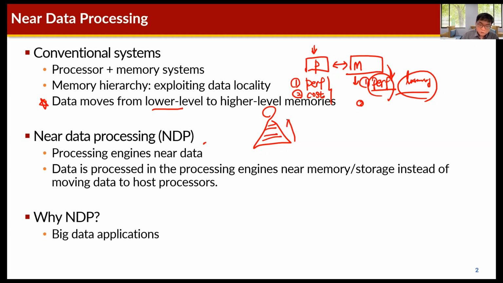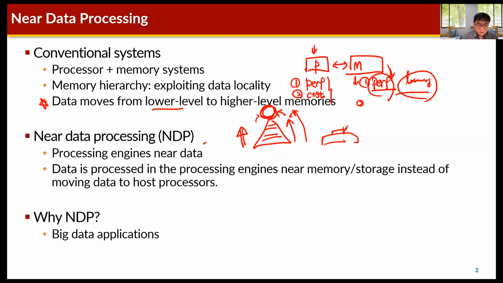Every application requires processing user data, so data moves from low level to higher level because the processing engine is located on top of the high level memories. But near data processing means this processing engine is located near low level memories, because this data movement cost is very high for modern systems.